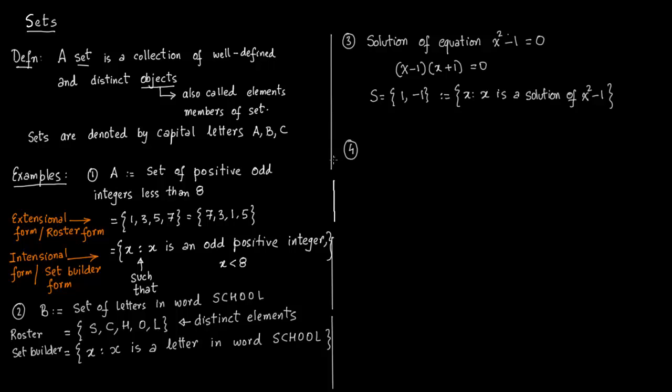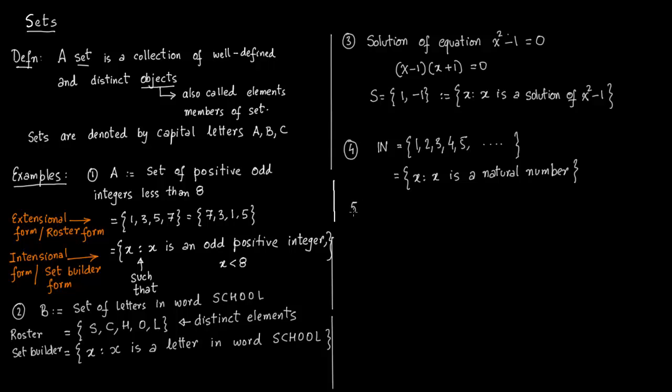Let us come to another example. Here we will talk about the set of natural numbers. You already know that natural numbers are 1, 2, 3, 4 all the way to infinity, and positive integers are the same as natural numbers, but they also have 0. So natural numbers are 1, 2, 3, 4, 5, 6 and so on. I am writing this in set builder form now: x such that x is a natural number.